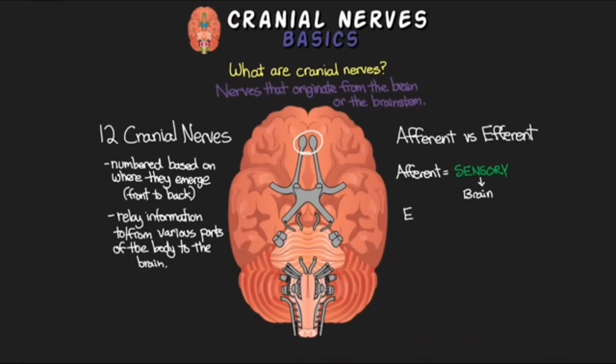Our efferent neurons are motor neurons that carry signals away from the brain to either have some effect on muscle or some other target cells. You'll see in a minute when we go through these different cranial nerves that some of them are afferent, some are efferent, and some are actually a combination of both.